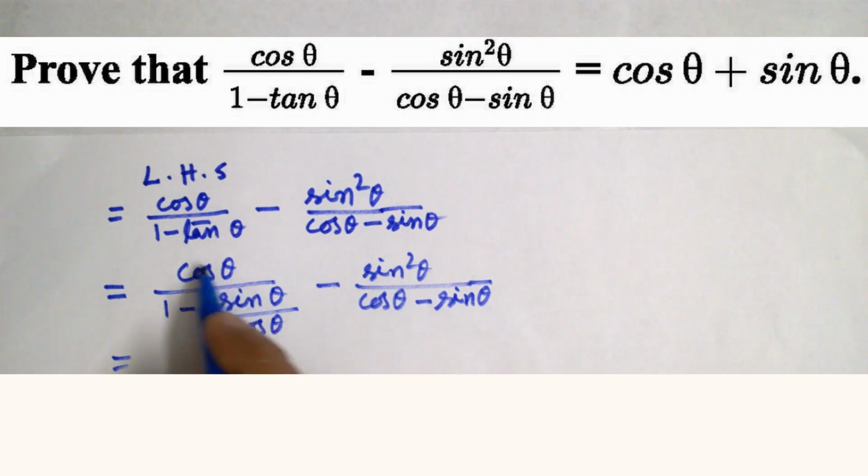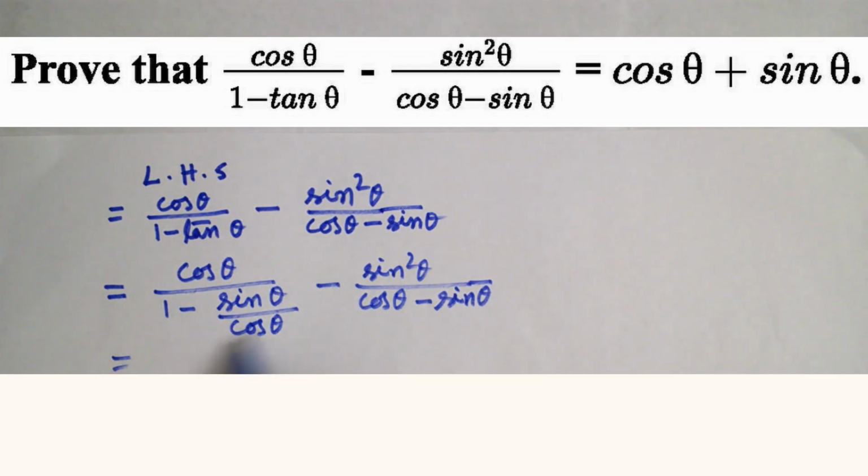Now simplify more the first term. Denominator when it is simplified is cos theta minus sin theta by cos theta.